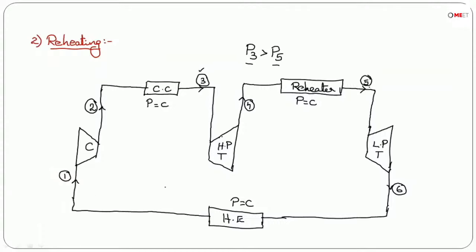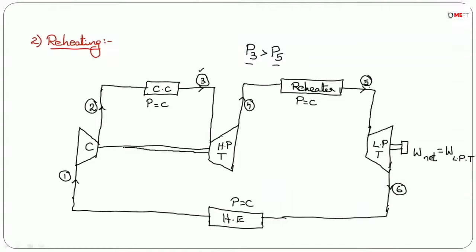Now in this particular reheating concept, whatever is the power that is developed by the low pressure turbine, that power we call it as net power. The reason is here, whatever is the work developed by the high pressure turbine, that is completely utilized by the compressor.